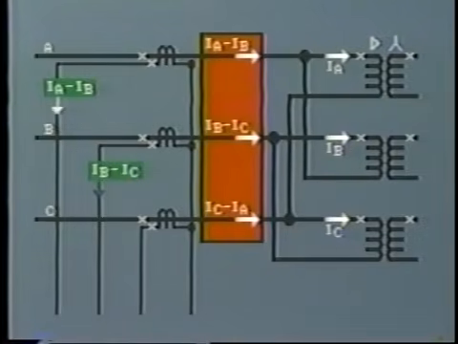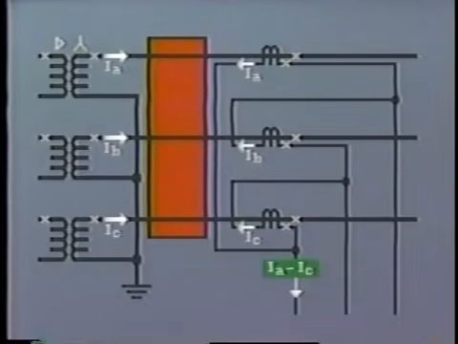Observing the polarity markings of the CTs on this primary side, we see that the current flowing to the differential relay is IA minus IB in this phase, IB minus IC in phase B, and IC minus IA in this third phase.